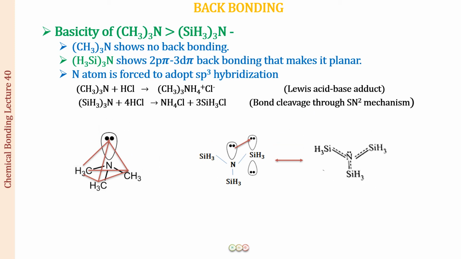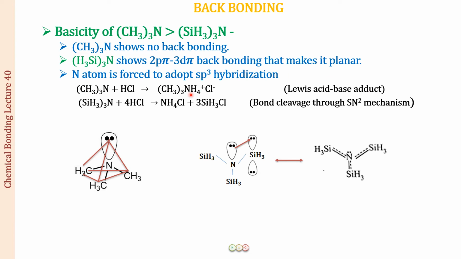So what you can look at is the difference of these two in reacting with hydrochloric acid. When trimethylamine reacts with HCl, an adduct is going to be formed, a complex formation between the two molecules, (CH3)3NH positive Cl negative. So this is a Lewis acid base adduct.